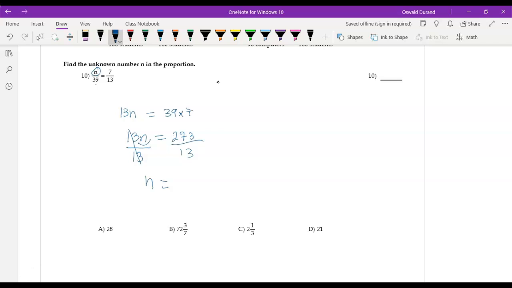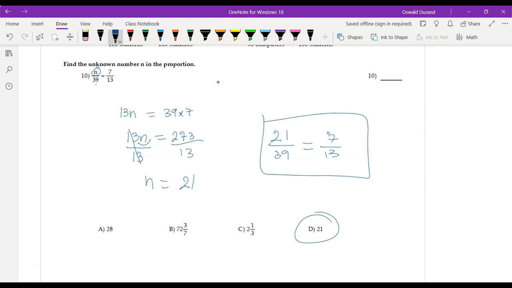So 273 divided by 13 is 21. I thought it would have been a mixed fraction, but it is a whole number. We have the answer. So basically, they're saying that 21 over 39 is equivalent to 7 over 13.